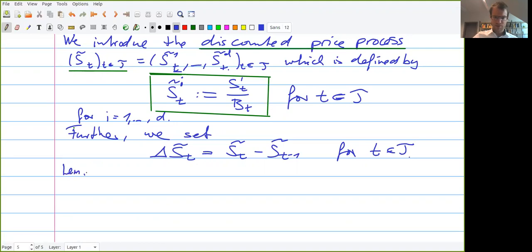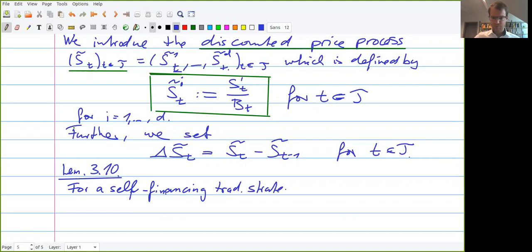And this is what we start with in the next lemma, so this is 3.10. Which tells us what? Let us consider a self-financing trading strategy. Here now in the general context, so this is a predictable process, alpha, beta.